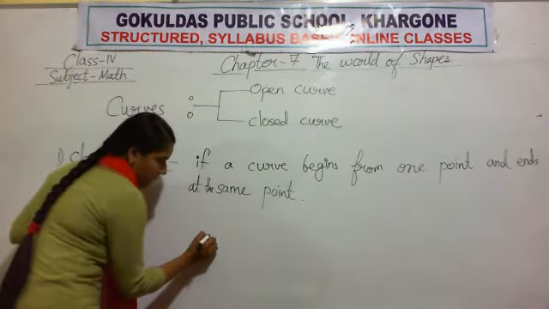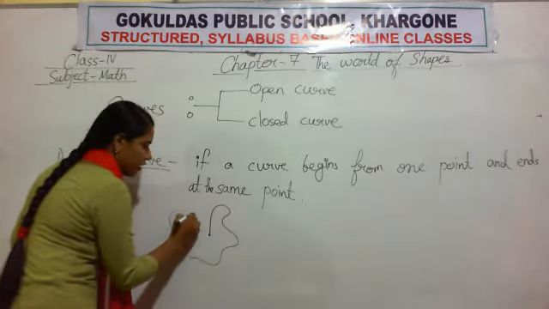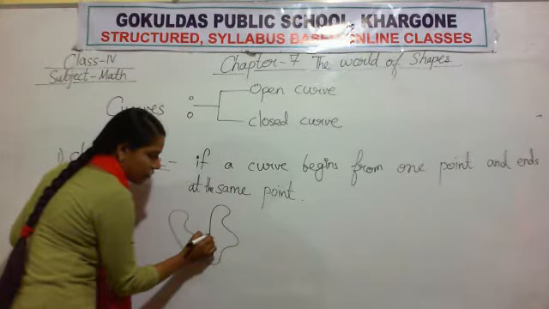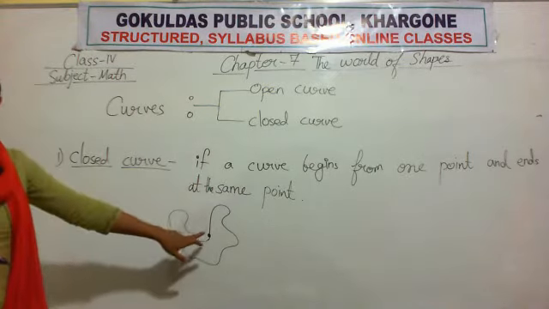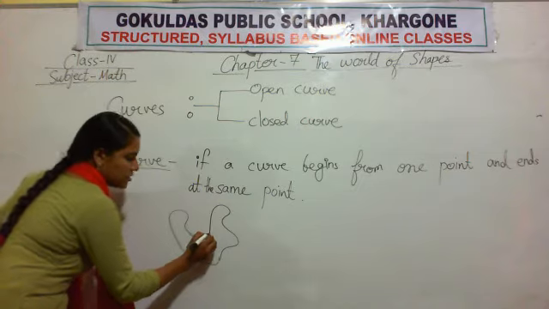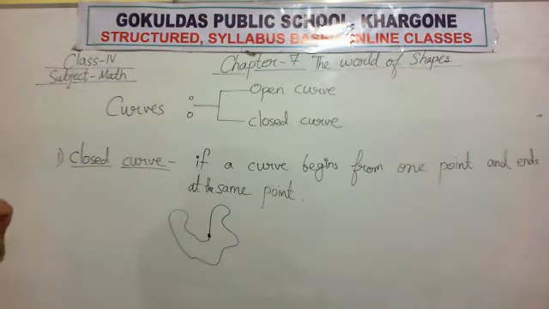It means if I start drawing a curve from this point and I close it at this point, I finish at the same point. The starting and ending point of the curve is the same, so it is known as closed.